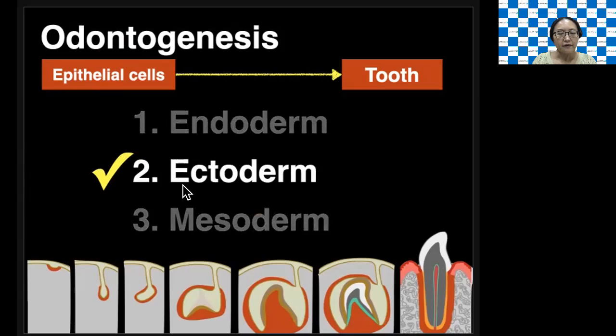That's why if any congenital disease involves ectodermal abnormality, then the patient will have dental abnormality at the same time. For example, a syndrome called ectodermal dysplasia. It's a congenital problem involving ectodermal abnormality, and these patients also have dental abnormality at the same time, okay?